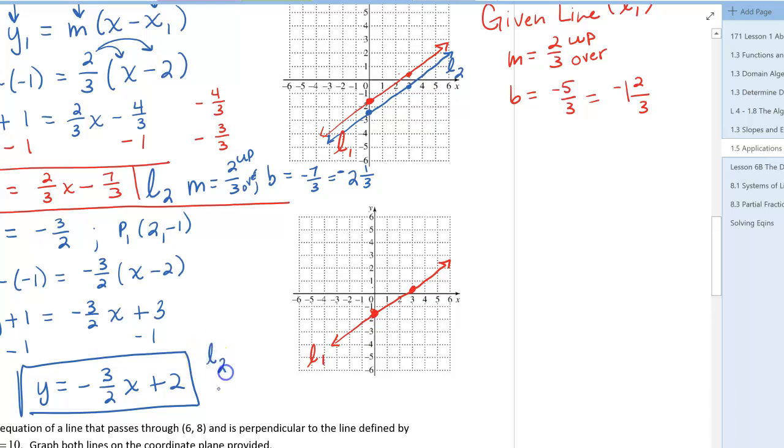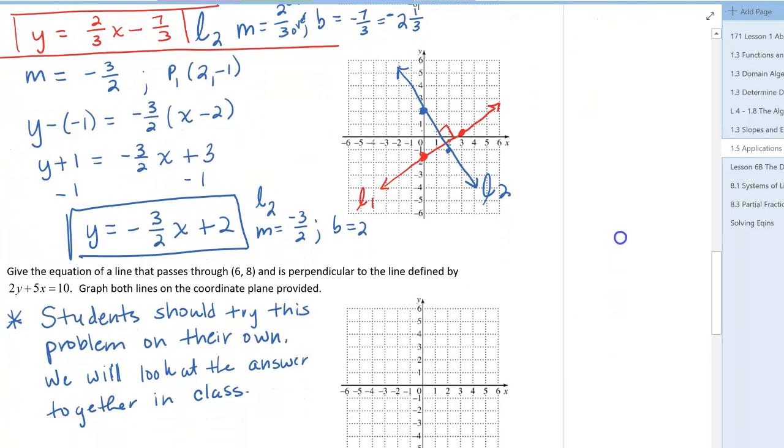So in this case, m is equal to negative 3/2, and b is equal to 2. So remember, b is your y-intercept, so I'm going to go up 2 and draw that point. And from there, I'm going to go down 3, 1, 2, 3, and over 1, 2. So now I can see that this line is in fact perpendicular to the given line.